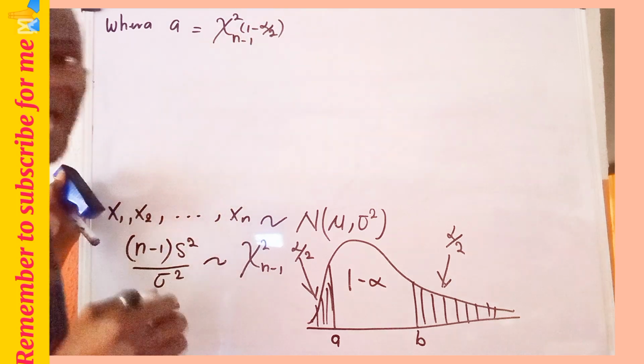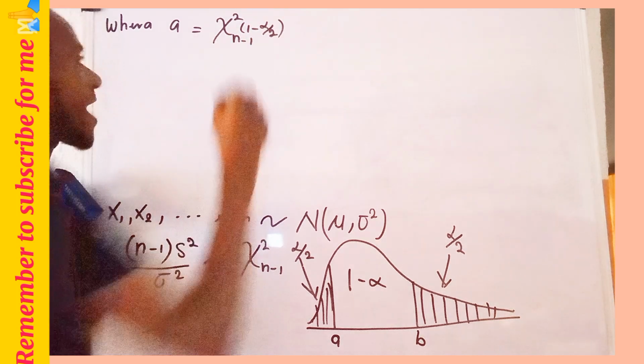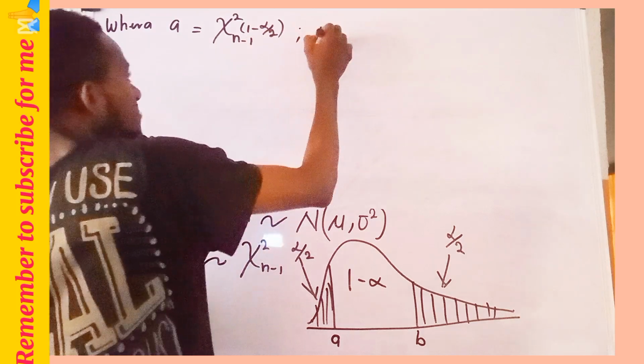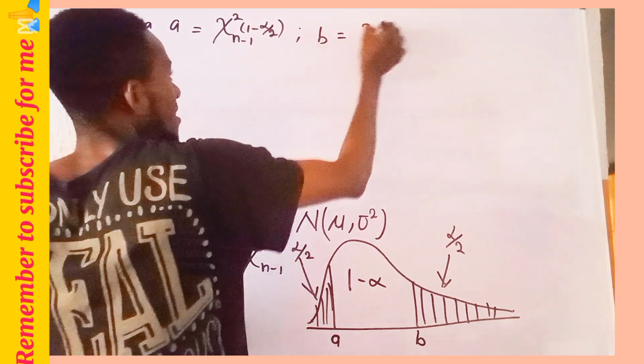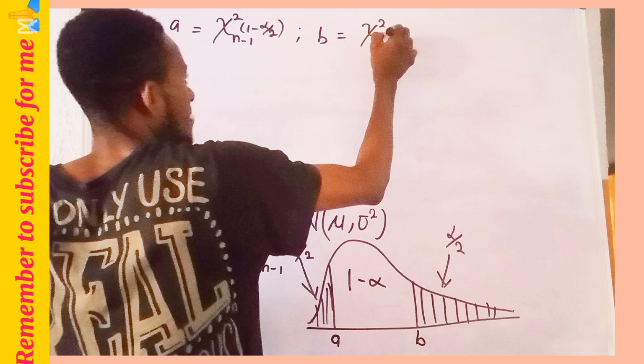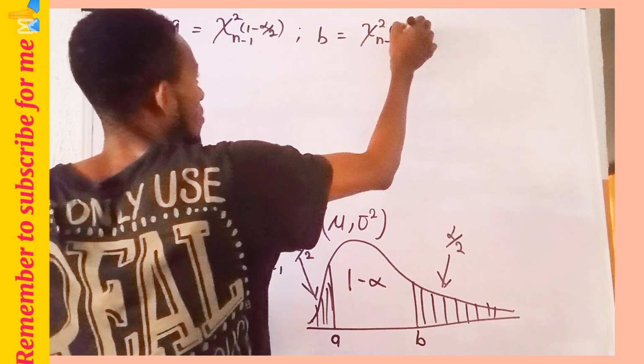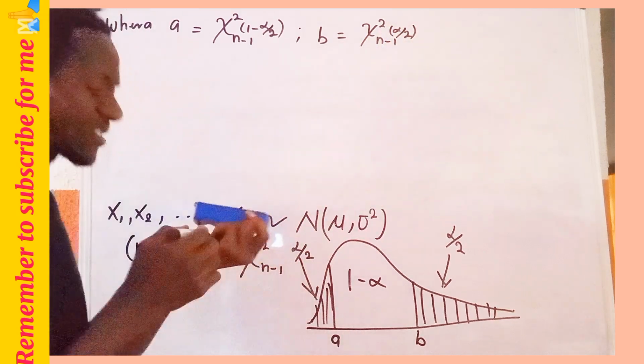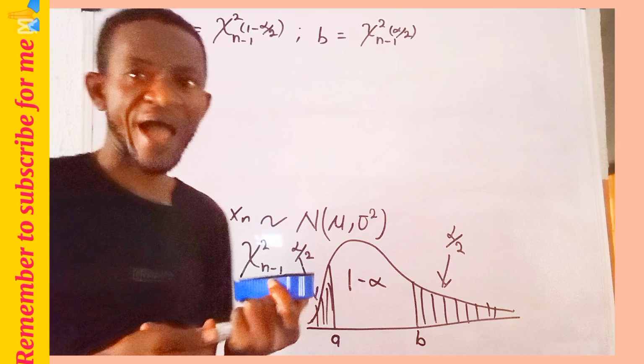That is how we define our A. And our B is given as chi-square of n minus 1 of alpha over 2. This is how we define our A and our B.